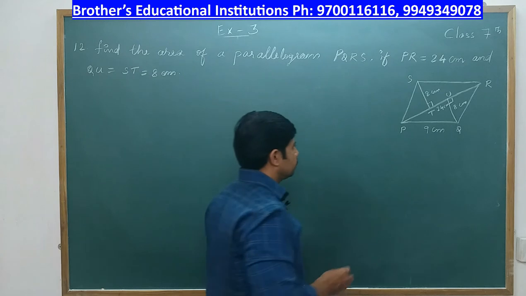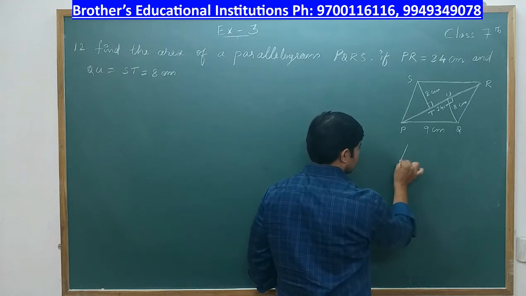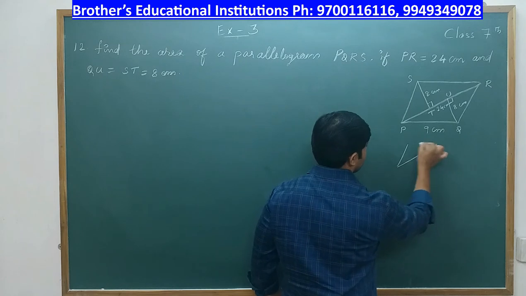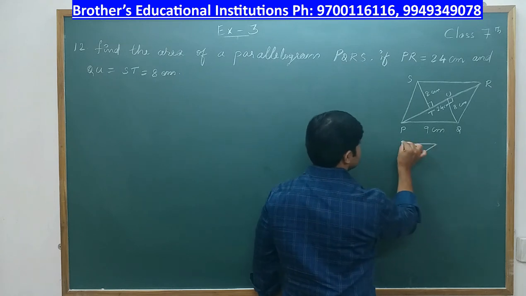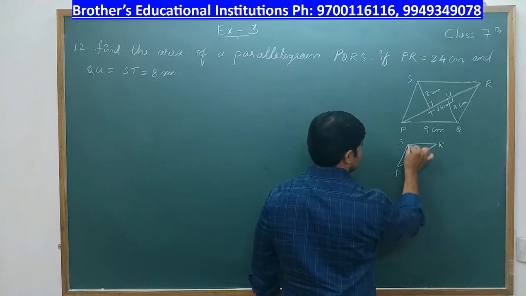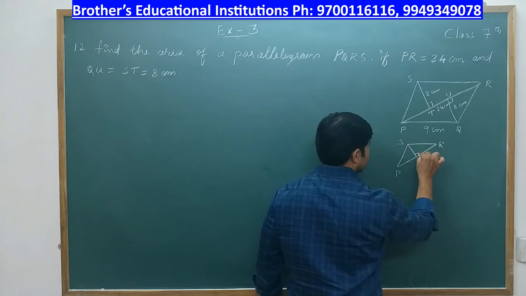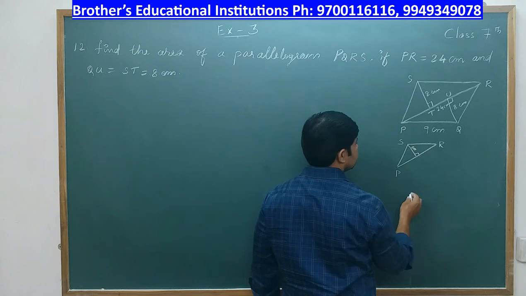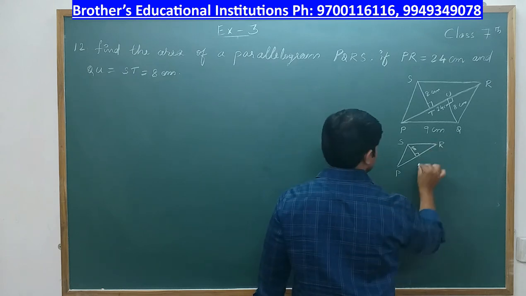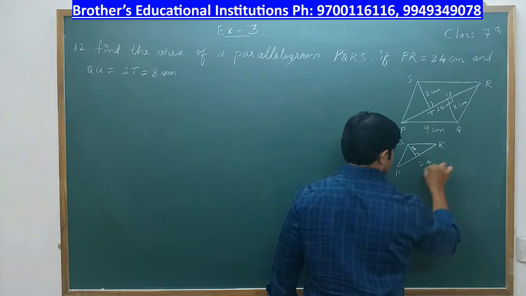So first, what I'll do is I'll just split this. See, this is SRP and this is a perpendicular one. This is 8 centimeters. This PR is given as 24 centimeters, right?